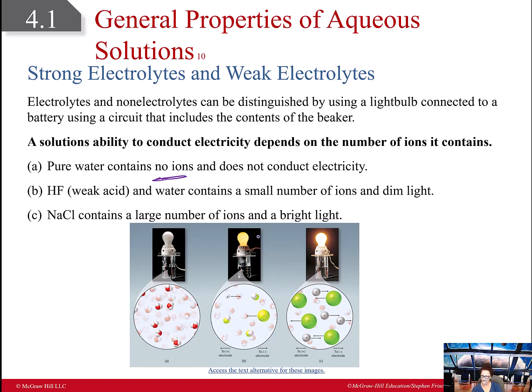If you put a weak acid, or a weak electrolyte, in there, a small number of ions will form, and so the light will be dim. Sodium chloride, which is a soluble ionic salt, contains lots of ions, and the more ions you have, the brighter the light. That's how you can figure out how strong the electrolyte is.